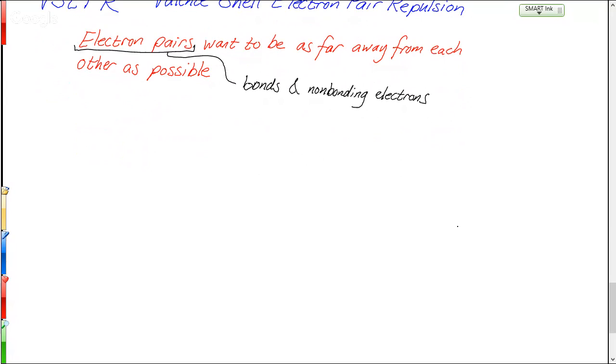So we define electron groups as either a bond or a pair of electrons. Those are both considered electron groups.